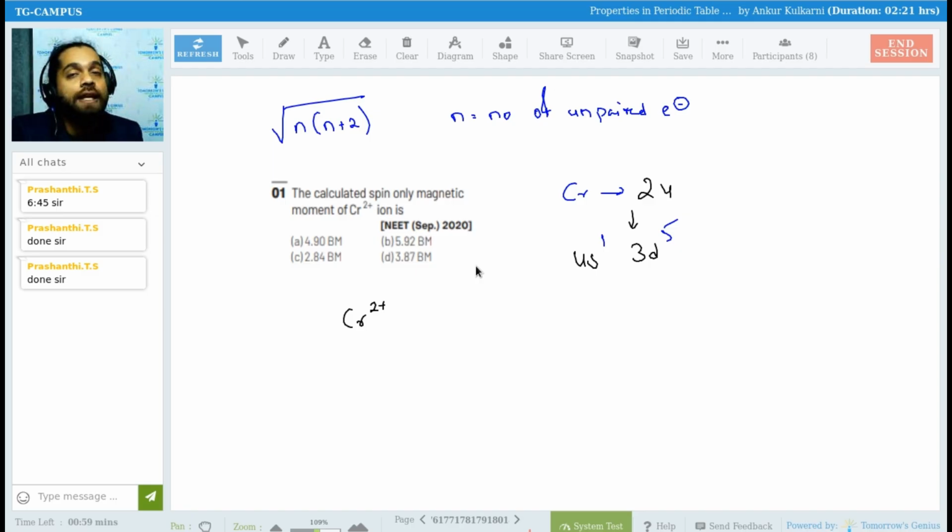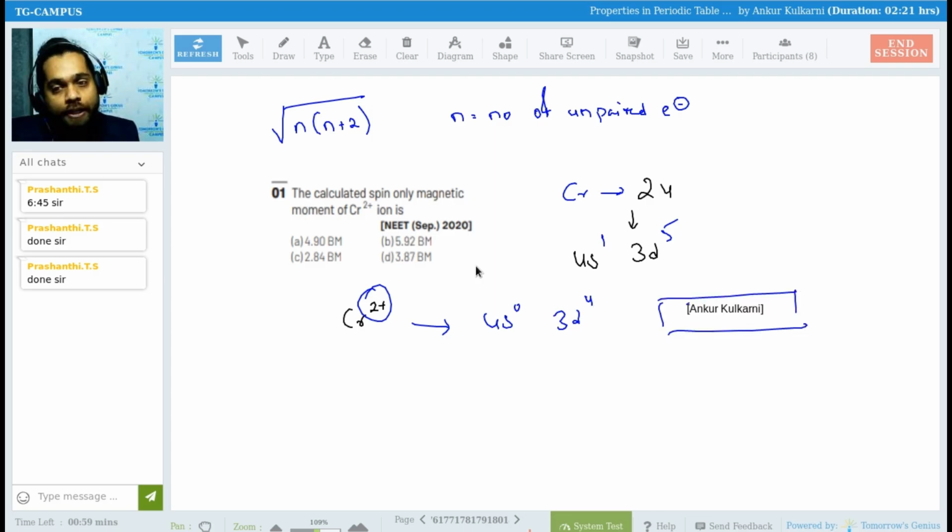So for Cr2+, 2 electrons you have to remove. If you remove the 2 electrons, what you will get? 4s0 3d4. So if I have d orbitals, how many d orbitals do we have? We have 5 d orbitals. So if there are 4 electrons, obviously they cannot be paired: 1, 2, 3, 4.